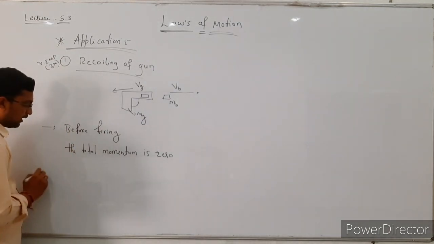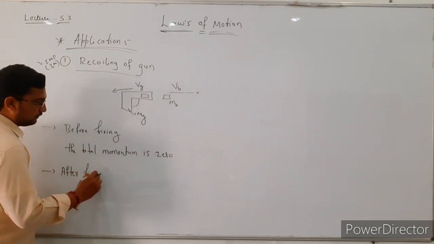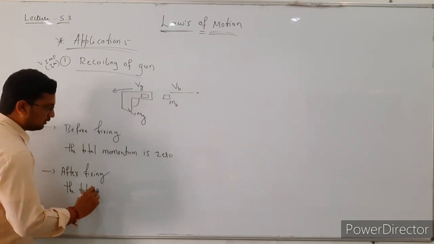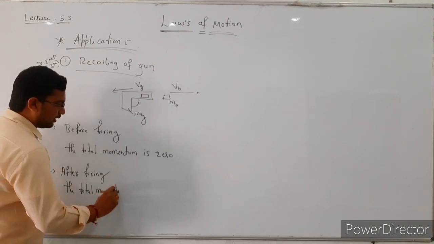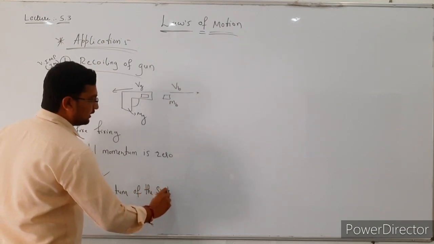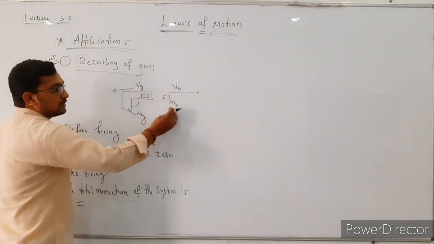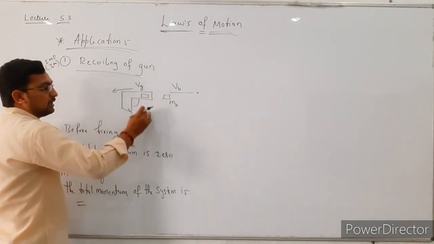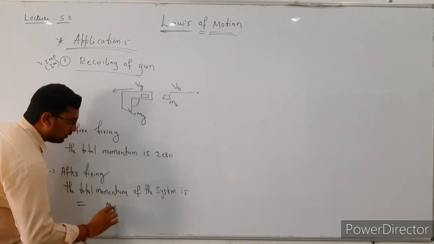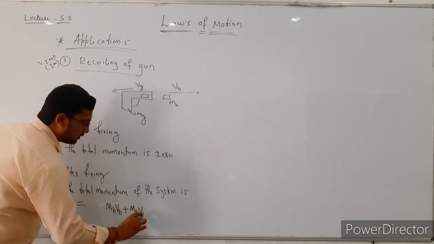Okay, so after firing, the bullet is moving in this direction and the gun is moving in the backward direction. The total momentum of the system after firing is the mass of the bullet into the velocity of the bullet plus the mass of the gun into the velocity of the gun.